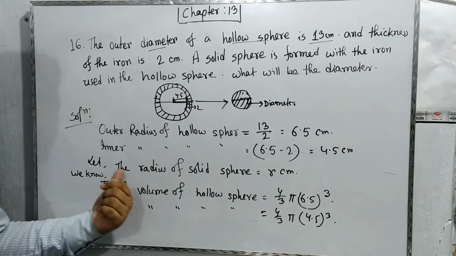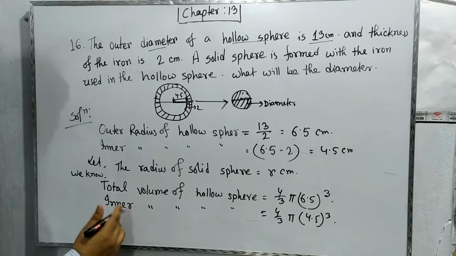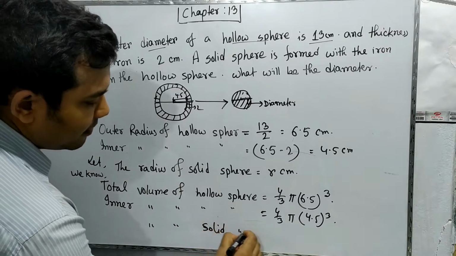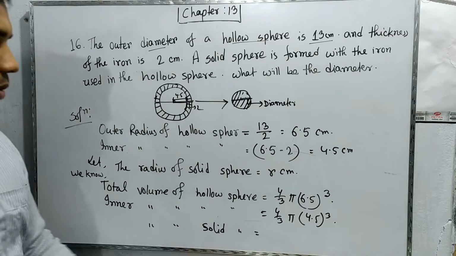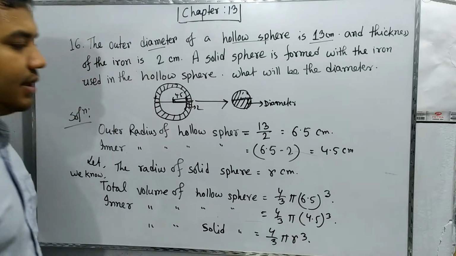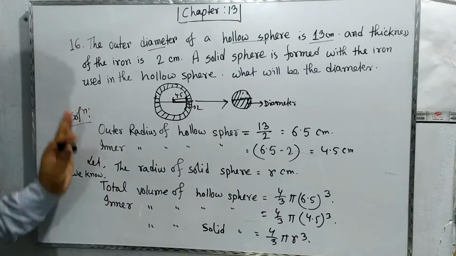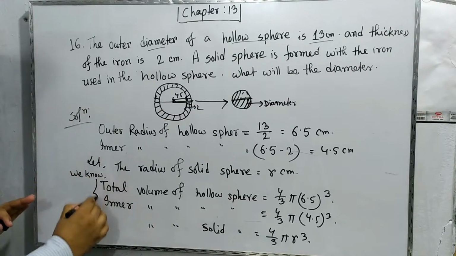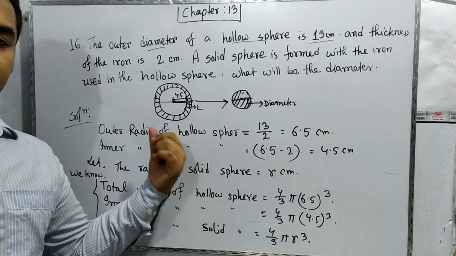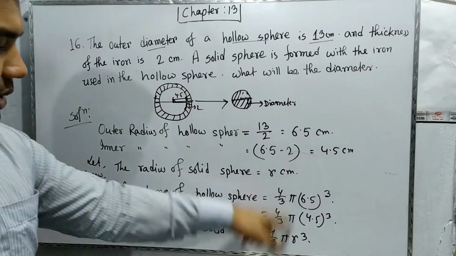And finally, the volume of the solid sphere will be 4/3 pi r cube, since the radius of the solid sphere is r. Okay, so we generally know this volume formula of the sphere, and we are just using that formula to find this.